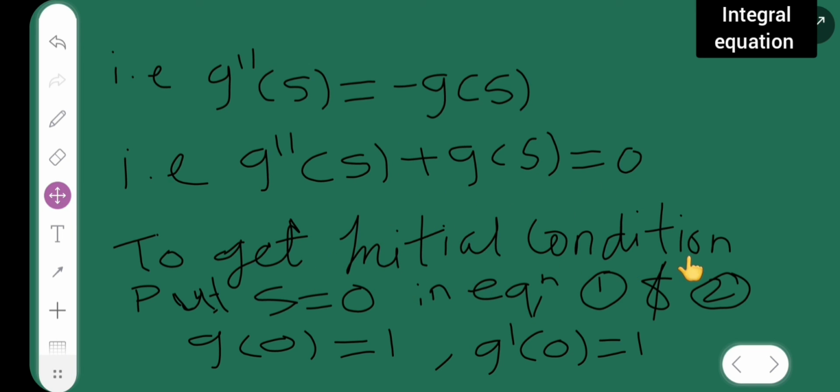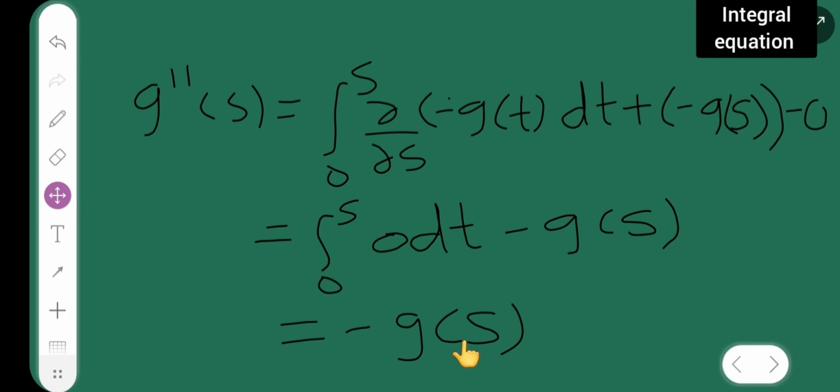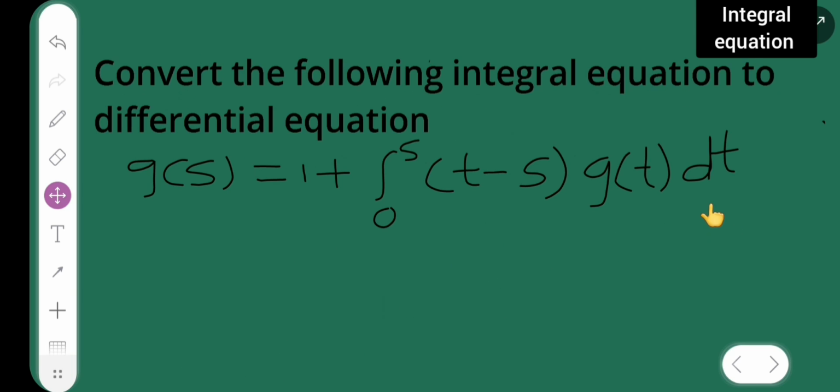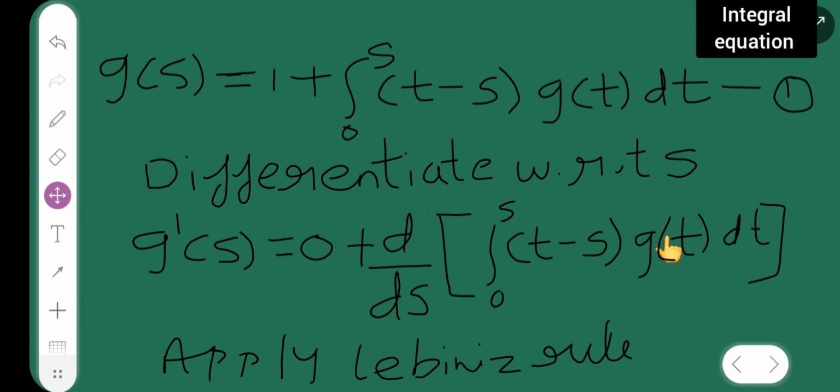Now to get the initial conditions, put s equal to 0. If I put s equal to 0 in equations 1 and 2, what am I going to get? This is my g of s. First, in equation 1, if I put s to be 0, both limits will be 0, so everything will be 0.